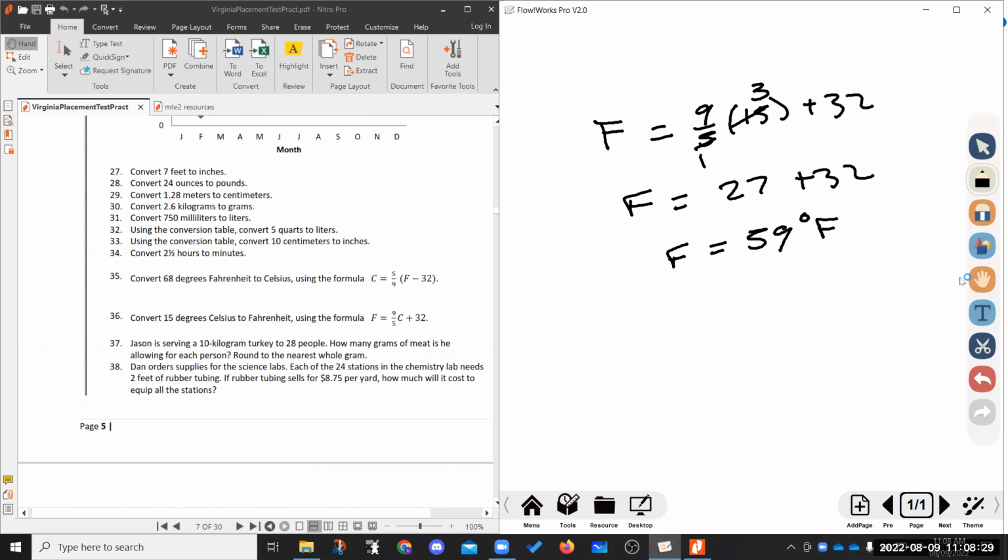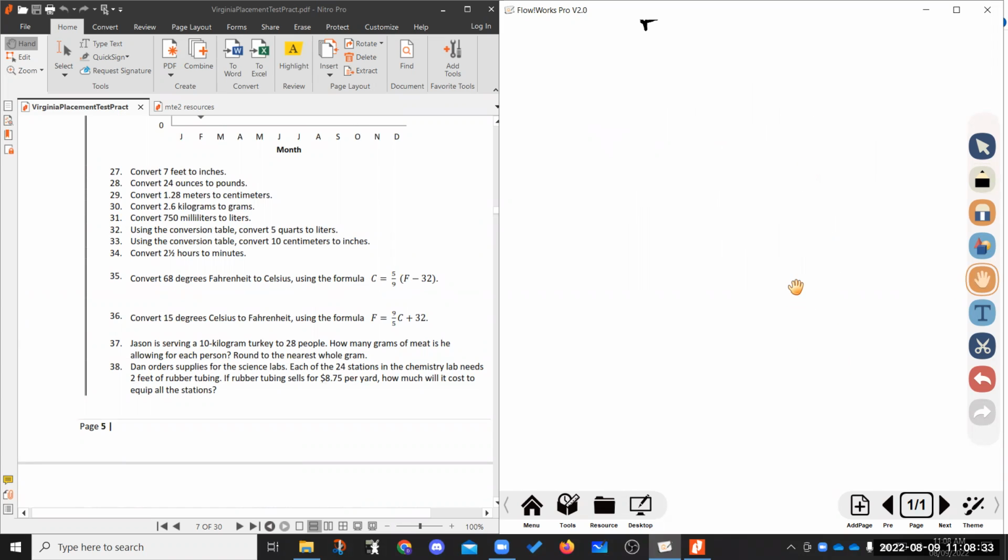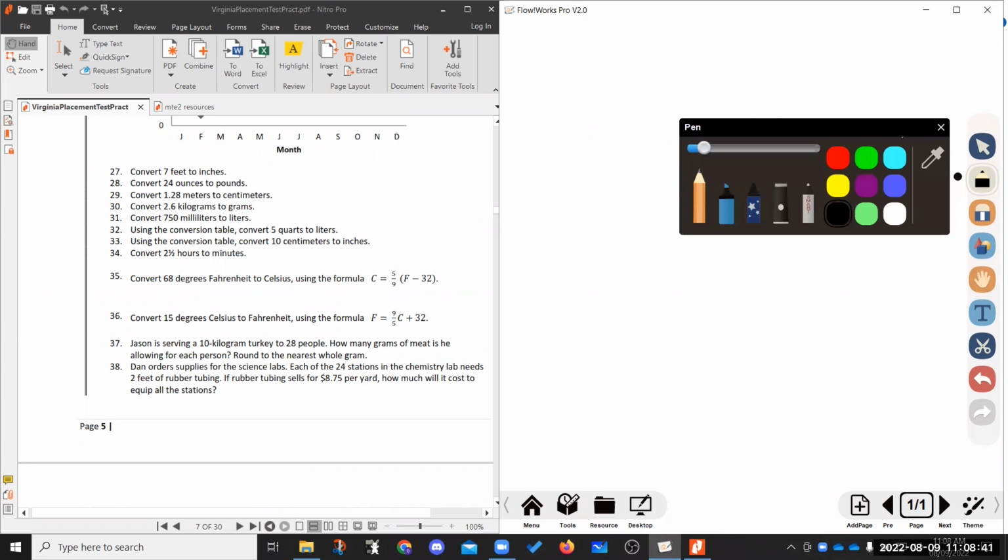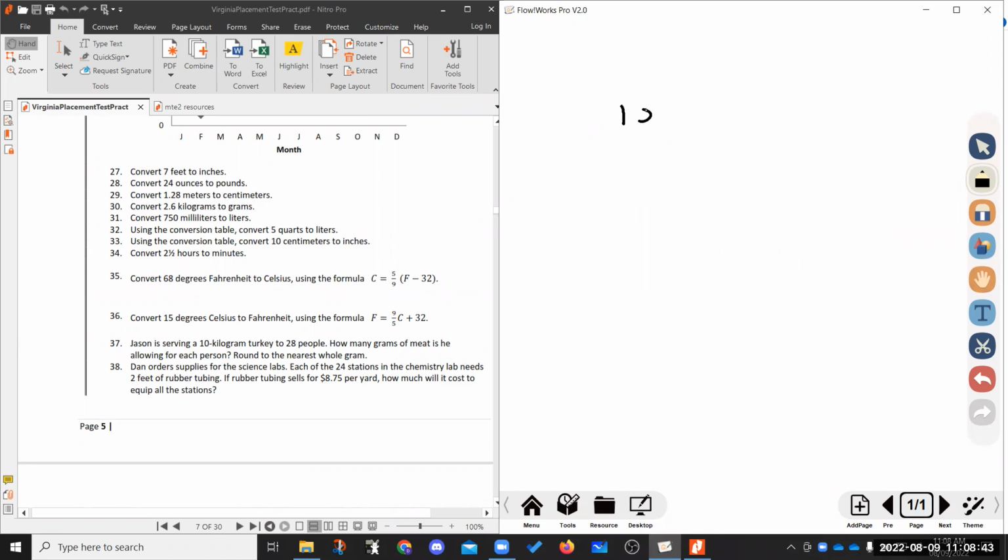Okay, number 37 says that we're serving a 10-kilogram turkey to 28 people. How many grams of meat is he giving to each person? So 10 kilograms is going to be 10,000 grams that needs to be divided among 28 people.